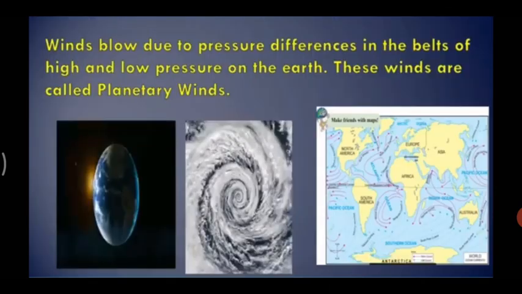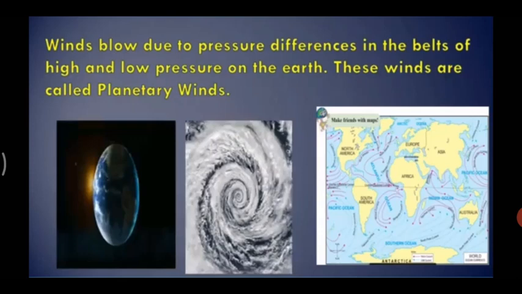You have studied that the equatorial region receives near perpendicular rays, right? It receives perpendicular rays. As a result, these areas get more heat, whereas the polar regions receive highly slant rays.